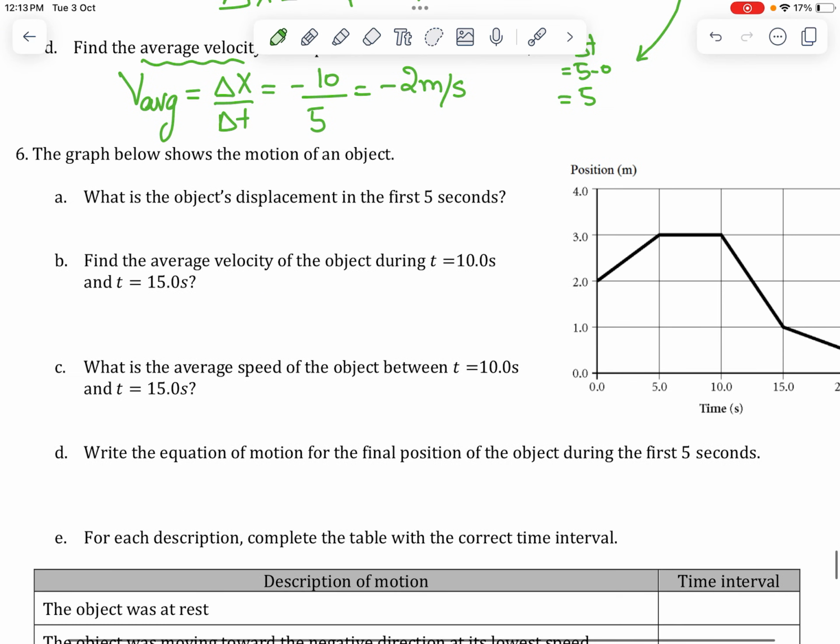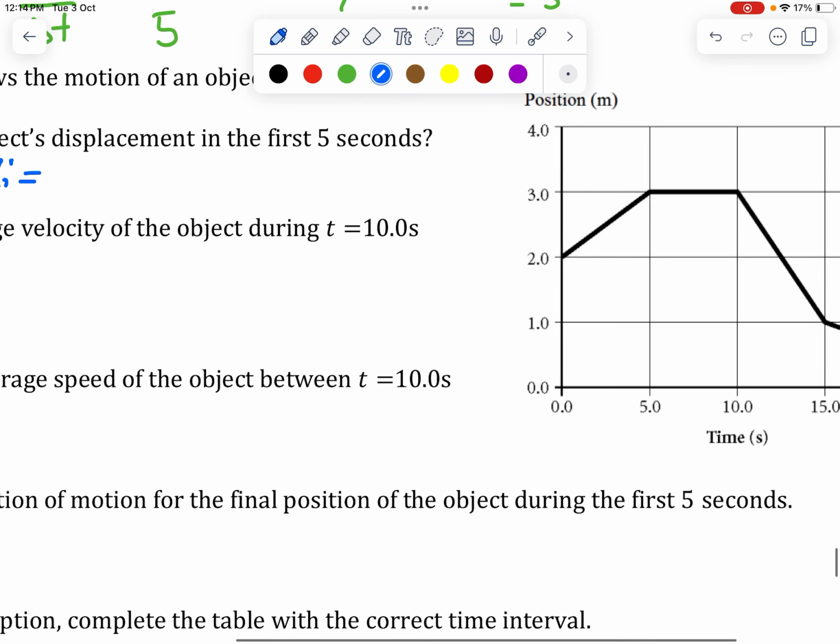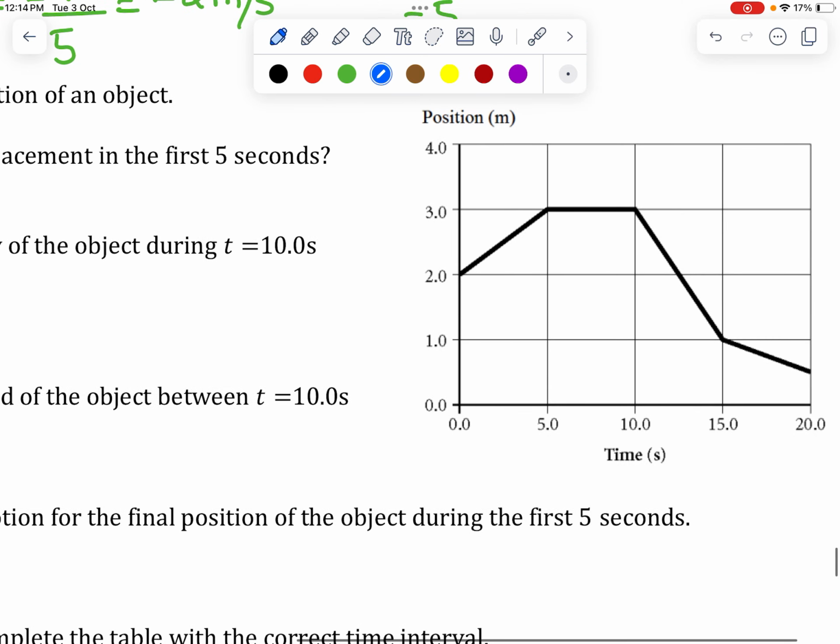We reached the last question for this lesson. Question number 6. The graph below shows the motion of an object. What is the object's displacement in the first 5 seconds? Displacement is nothing else than the final position minus the initial position. This is a position-time graph.